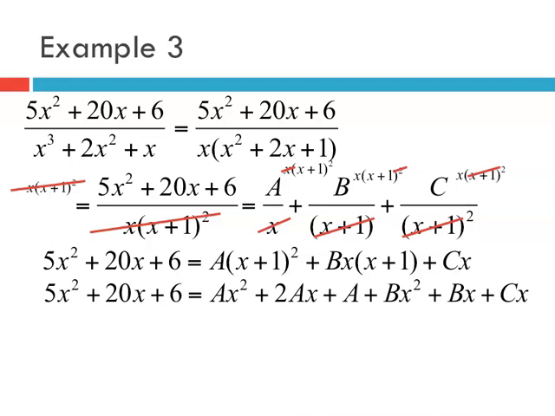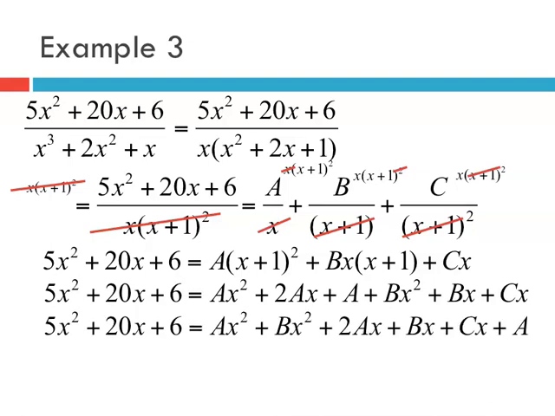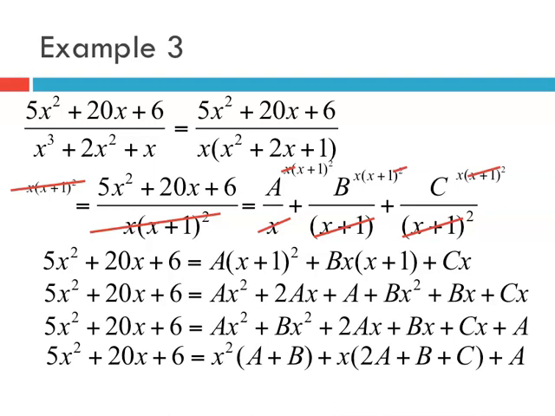So we are going to have a group of x squared terms, a group of x terms, and then a group of constants. So grouping those together, we have ax squared and bx squared together. We have 2ax and bx and cx together, and then we have a and b together. So factoring out an x squared, that leaves me with a plus b. Factoring out an x, that leaves me with 2a plus b plus c. And then the constant is just a.